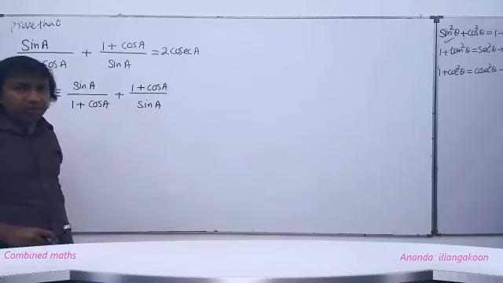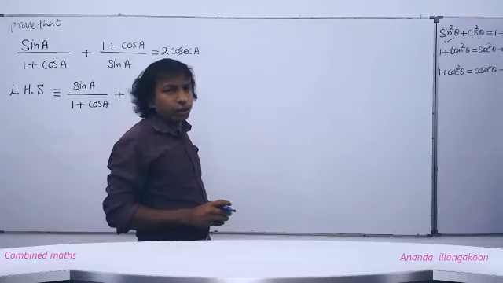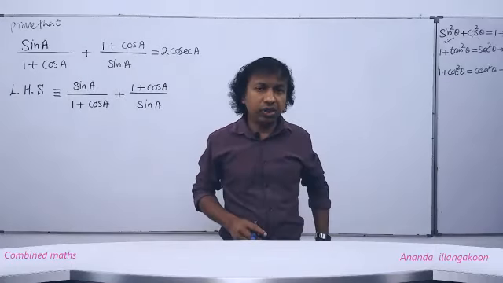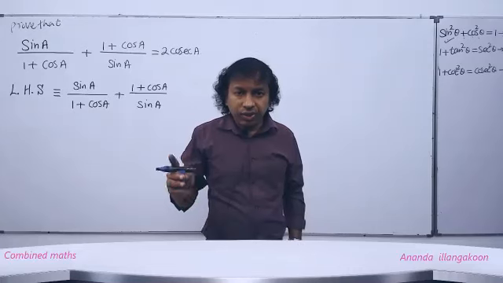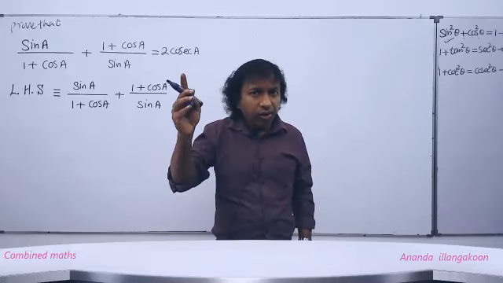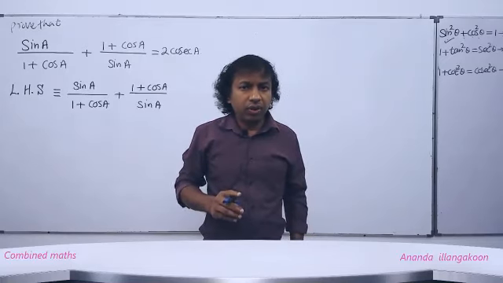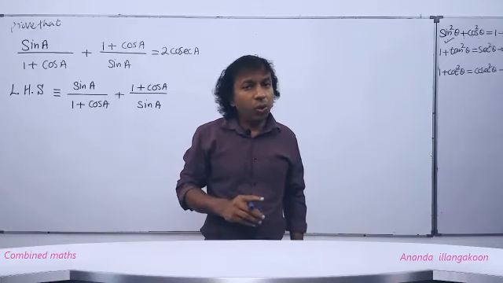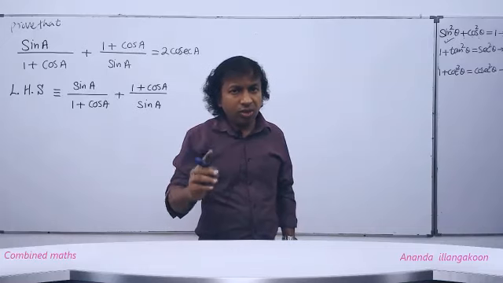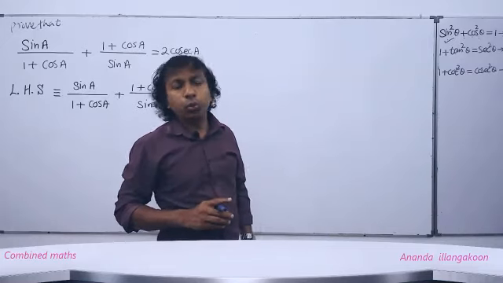So directly we can't add the numerators. You know that rule when we add two fractions: if the denominators are equal only, we can add the numerators. If not, we should find what?